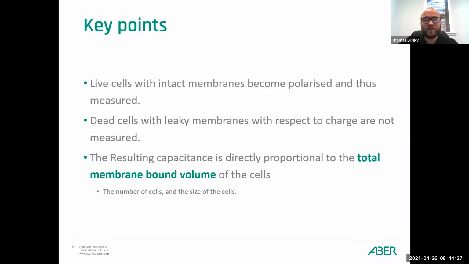And then finally, quite an important concept: the resulting capacitance, which is the buildup of charge around live cell membranes, is actually a measure of total membrane-bound volume of the cells. That is to say, the capacitance is not only a measure of the number of live cells present, but also the size of the cells present in the suspension. And I'll go into a little more detail, especially in viral processes, where that's a lot more important.